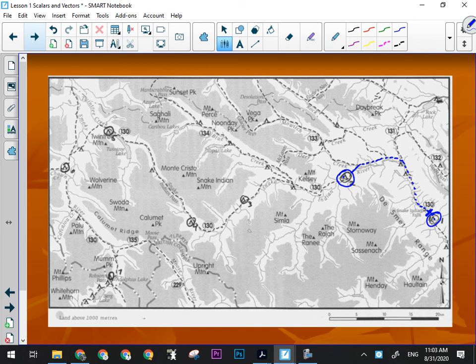It is not going to say that it is 19.7 kilometers at 29 degrees north of west, because that's crazy.